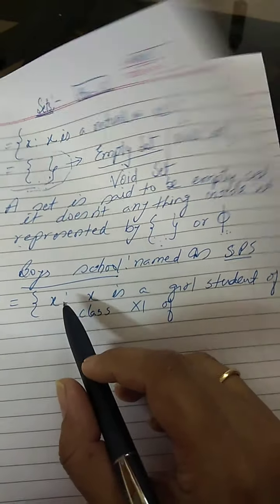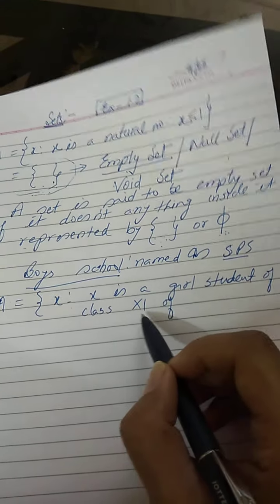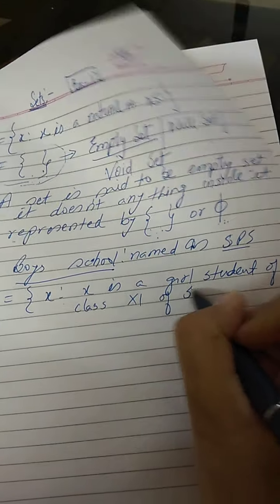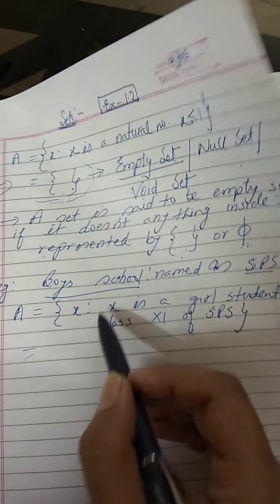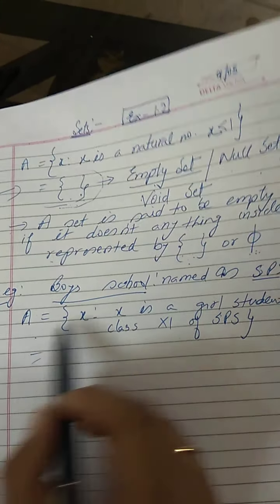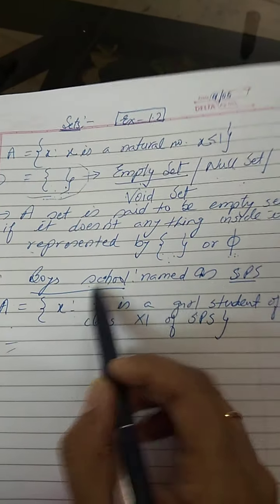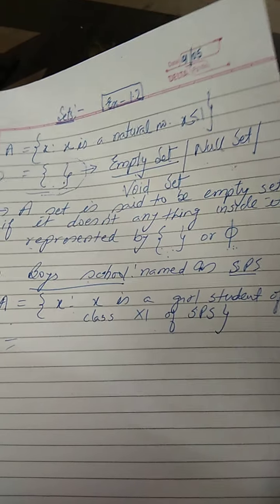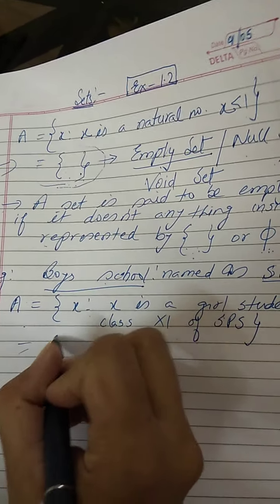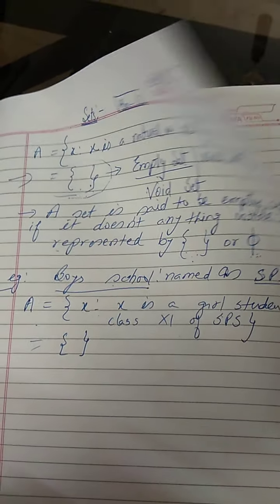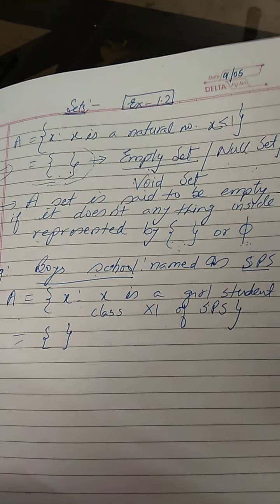So when I write x is a girl student of class 11 of SPS school, what will happen? How many elements will be there in this set A? Since it is a boys school, all will be boys only, no girl can be present, so the set will be considered an empty set, right?